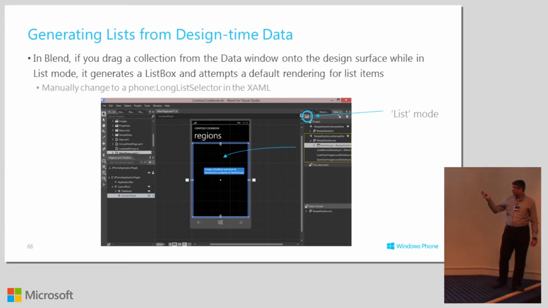Now, it's going to actually create a list box, not a long list. And this is one place that the team has missed. I don't know if they have updated it in the RTM version, but in the developer preview, it was still the list box, right? You can just go and change it from the list box to the long list and it works fine, because the list box is no longer available in the toolbox. And I will demo this to you in a while.